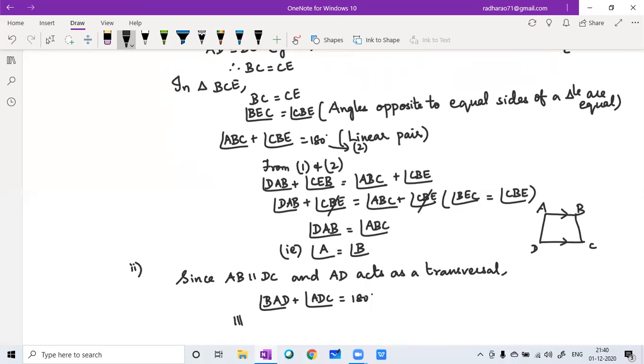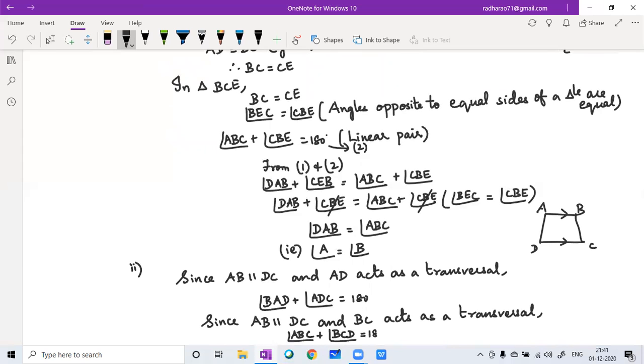Similarly, again I say since AB is parallel to DC and BC acts as a transversal, I can say angle ABC plus angle BCD is equal to 180 degrees, because the sum of the co-interior angles on the same side of the transversal is 180.